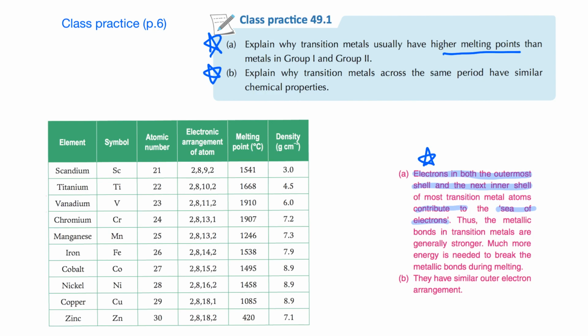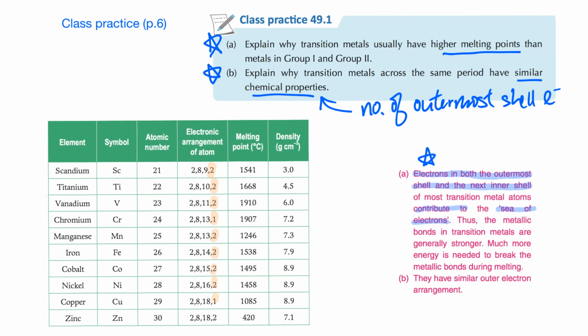Second one: explain why transition metals across the same period have similar chemical properties. So I have to recall this to your memories. We did mention in Form 3 that chemical properties depend on the number of outermost shell electrons. If you refer to the table, you'll find that they are all 2, 1, 2, 1, 2.